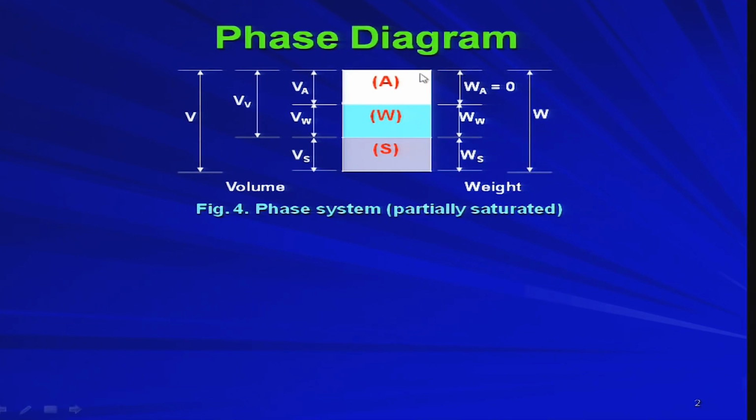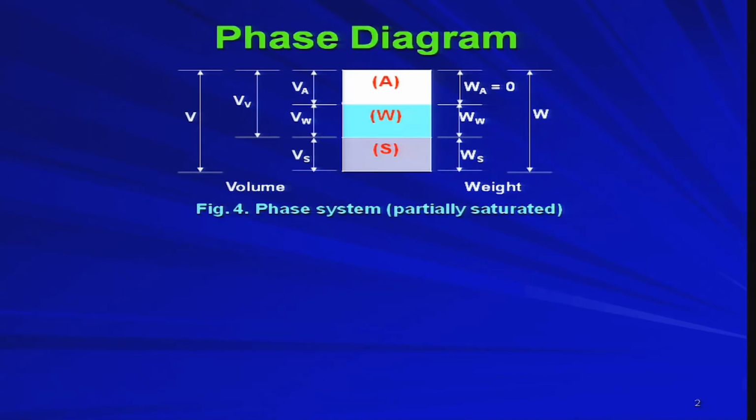The total weight of the matrix is capital W, which is Ws plus Ww, whereas the total volume V of the matrix is Vs plus Vw plus Va. Now, where are this water and air getting occupied? In any soil matrix there are soil solids and there will be some pore space or void space which will be occupied by air or water or both.